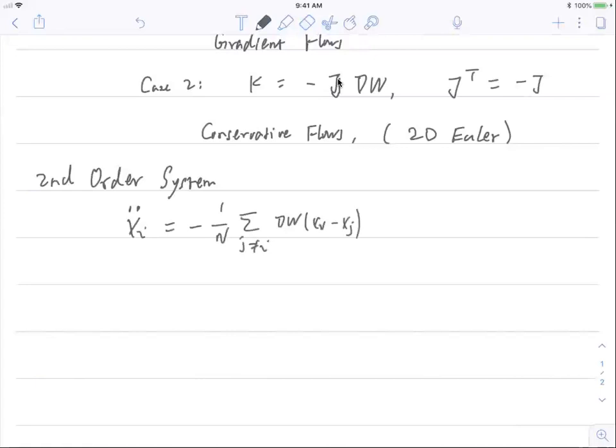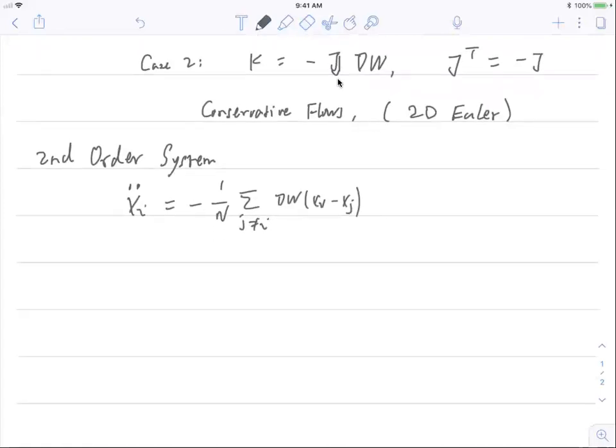So this is just our previous second order system, by choosing the two-body interaction force as minus gradient of W. W is the potential function as well. So it's Newton dynamics. So this is the setting.